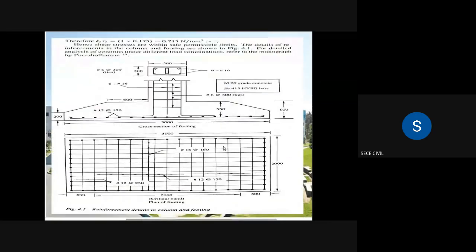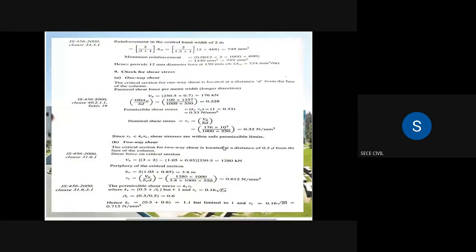Capital D is 600 mm and small d, the effective depth, is 550 mm. So 0.0012 × 2 × 1000 × 600 gives an area of 1440 mm².